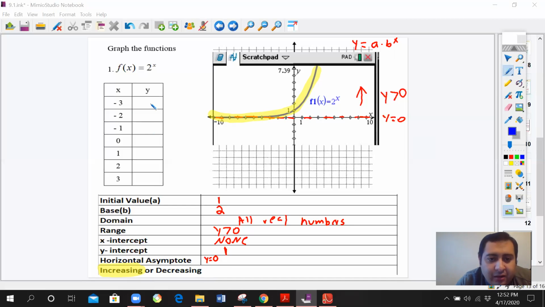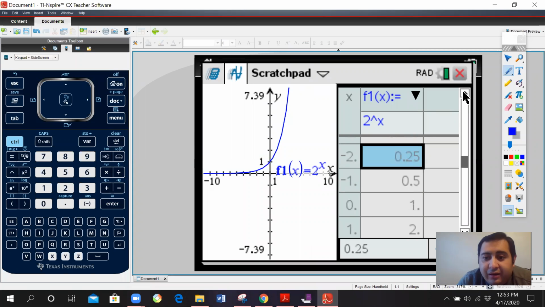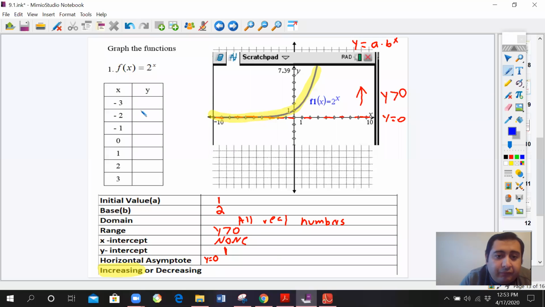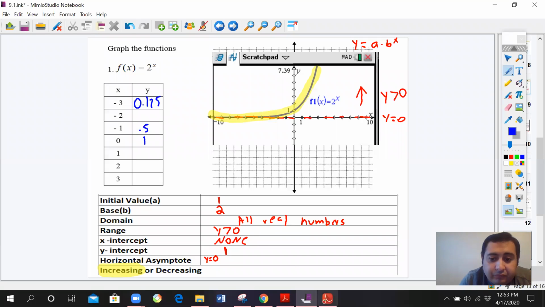To fill out these gaps from the table, from this graph you could just press Control T for your table and go to the value where it says -3, and then just fill in these values. So -3, we have 0.125. For the 0, we have a 1. We have a 0.5 here, 0.25.